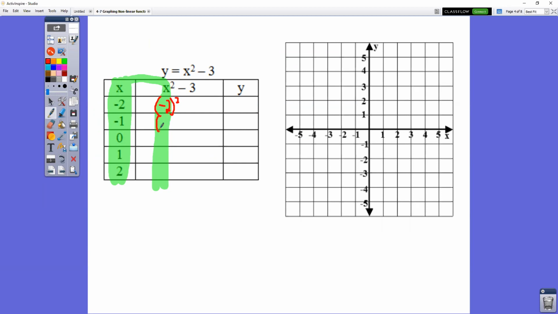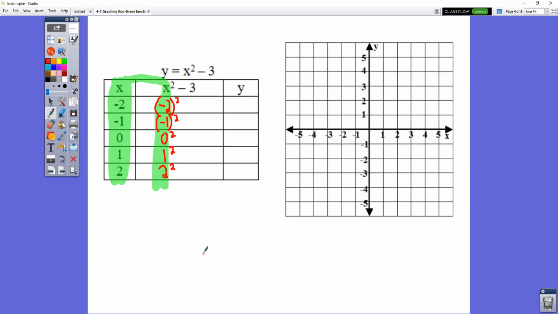Instead of X squared, I'm going to have -1 squared. Instead of X squared, I'm going to have 0 squared. Instead of X squared, I'm going to have 1 squared. And instead of X squared, I'm going to have 2 squared.